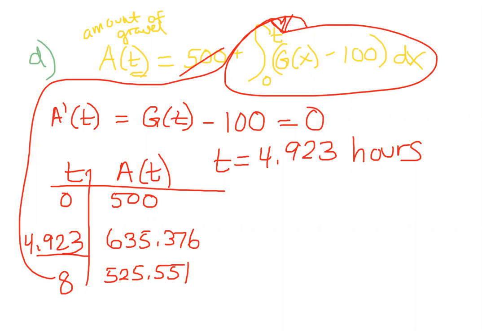So you would say the maximum amount of gravel is 635.376 tons at time equals that if you wanted, but it didn't ask you for that. It just asked you what the maximum was. So that is the answer to number 1.